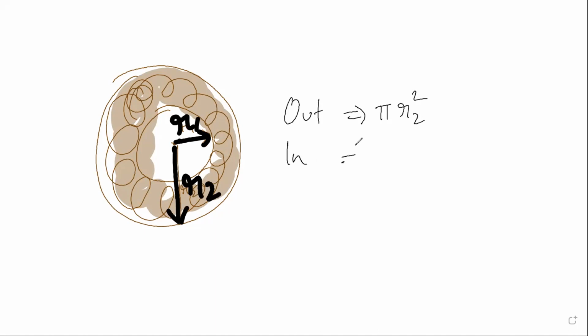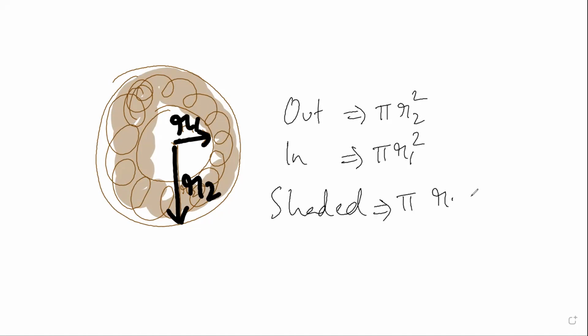The inside circle will be pi R1 square. So the area of the shaded region would be equal to pi R2 square minus pi R1 square. I can take pi common, therefore the area of the shaded region would be pi into R2 square minus R1 square.